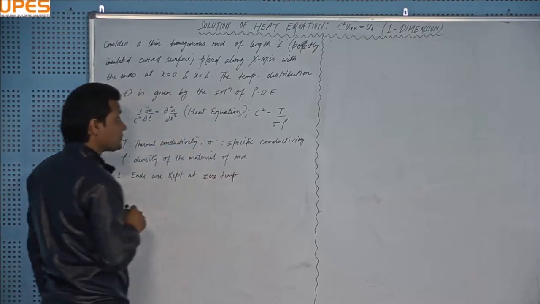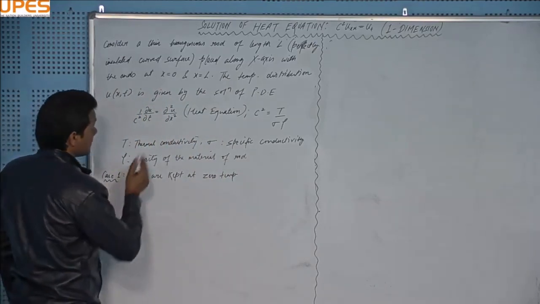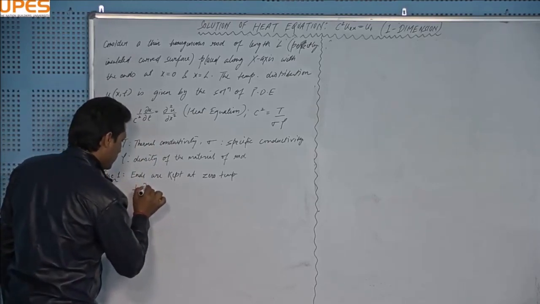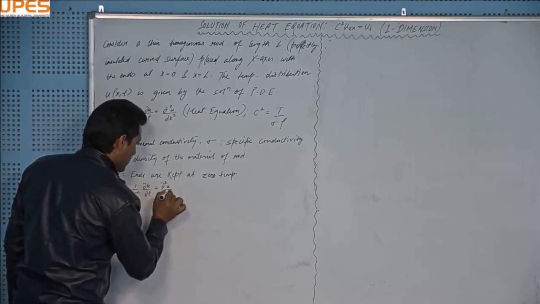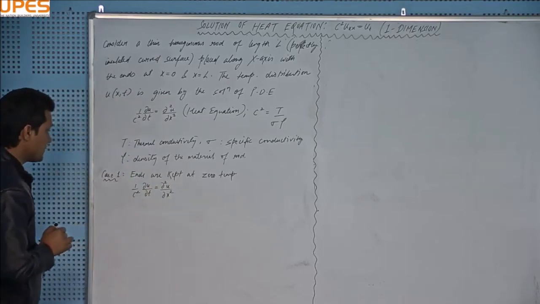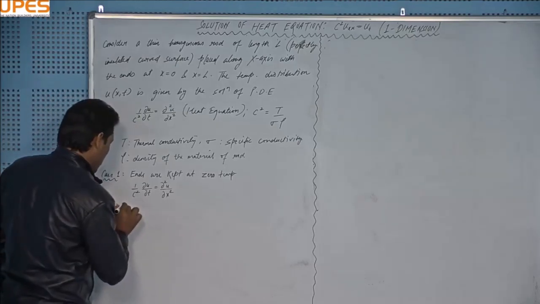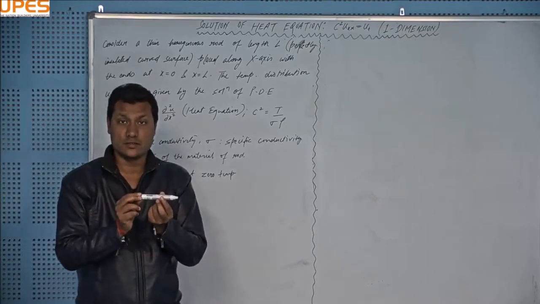In that case, the heat equation becomes 1 over c square del u over del t equal to del square u over del x square, right? And the first condition: the left end of the rod is at 0 degrees Celsius, right?